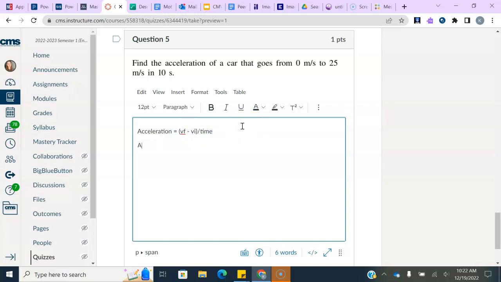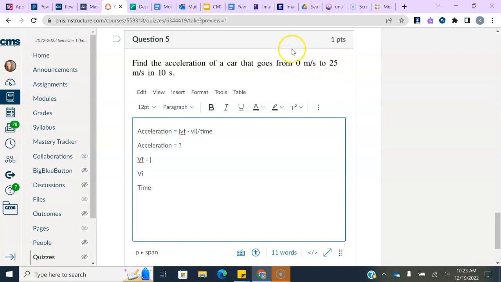Anytime we have these problems, remember you want to write down all the variables you need and then pull them out of the problem. So we have acceleration, VF, VI, and time. The problem tells us we want to find the acceleration, so I know that's what I'm looking for, which means the other 3 variables should be given to me in the problem. A car goes from 0 meters per second to 25 meters per second.